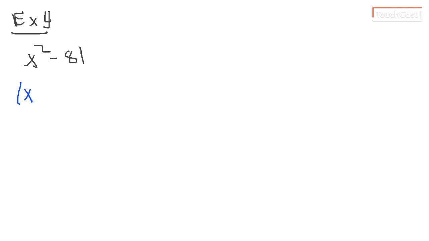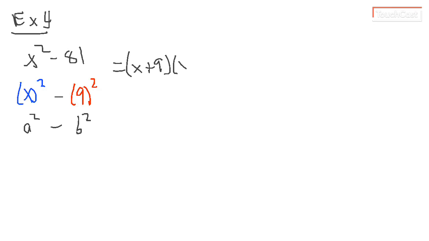So it's x squared minus 81. That is also a perfect square because that is 9 squared, which means when we're factoring this, we can use that formula. In this case, we have x is our a, 9 is our b. So we've got x plus 9 times x minus 9. And that's our answer.